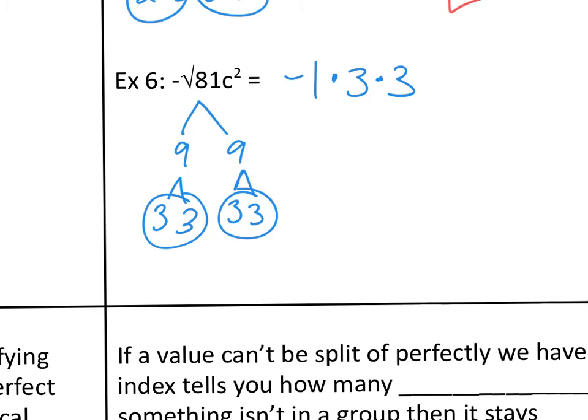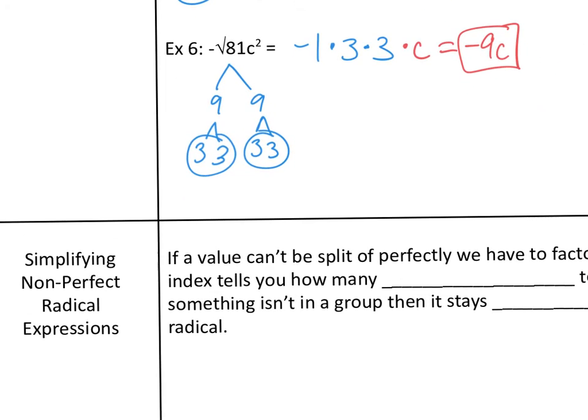And then we got c squared. How many groups is that? Just one group of c. So we just got c by itself. So -1 times 3 times 3 times c. -9c. Good. Questions on that one? Okay.